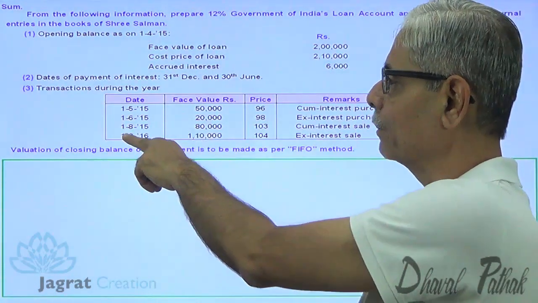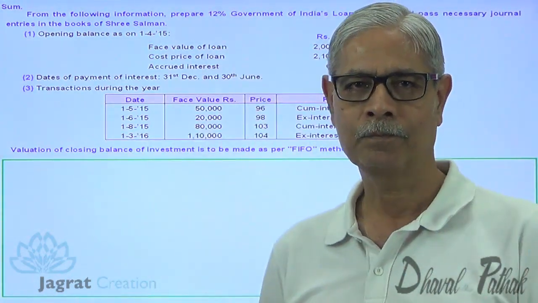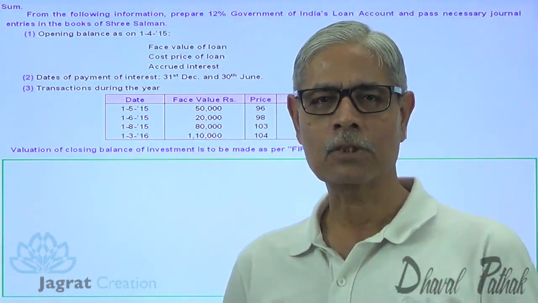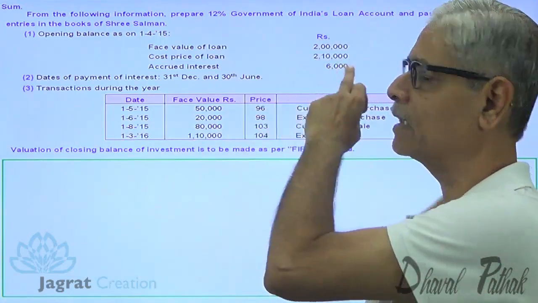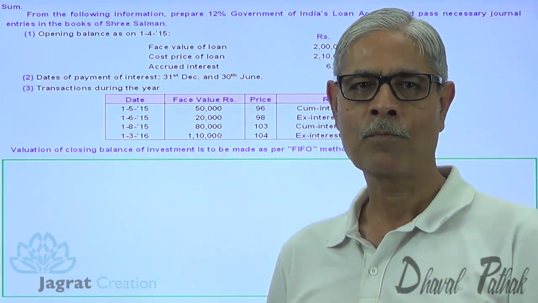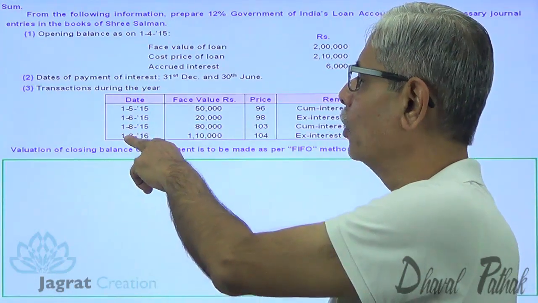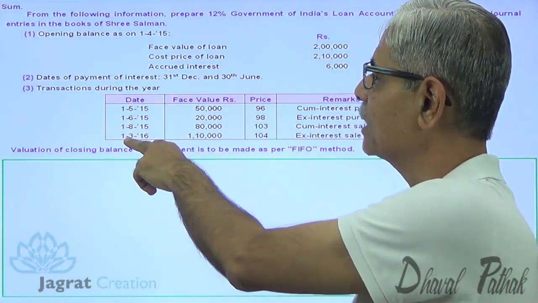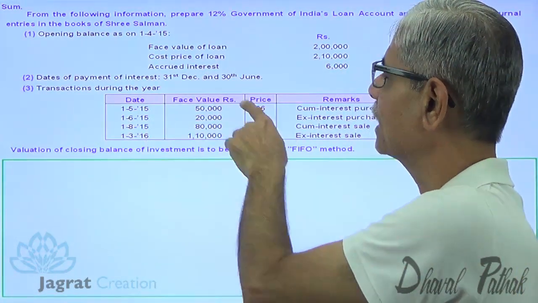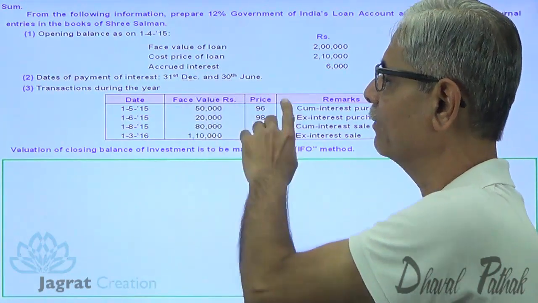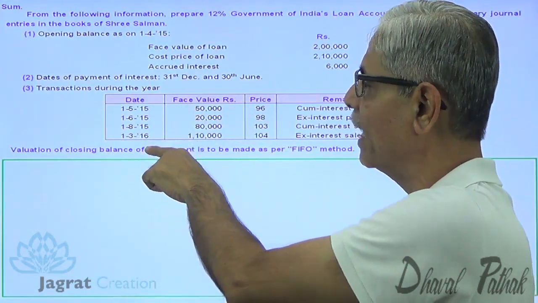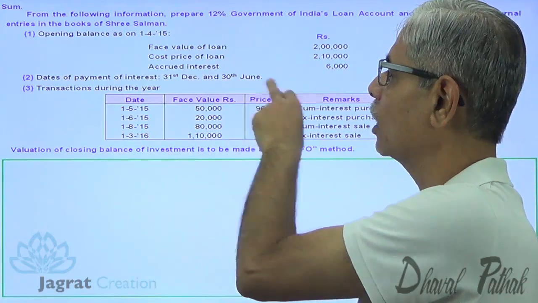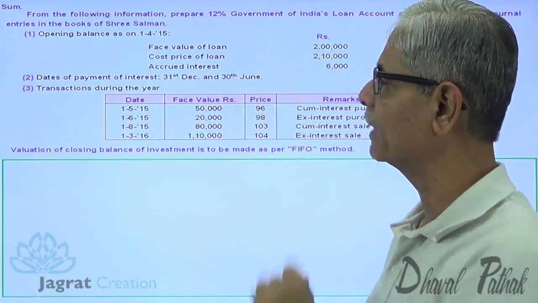This sale has taken place on 1st of March. When was the last interest received? Interest dates are 30th June and 31st of December. This is 1st of March, so last interest was received not on 30th June, it was received on 31st of December.